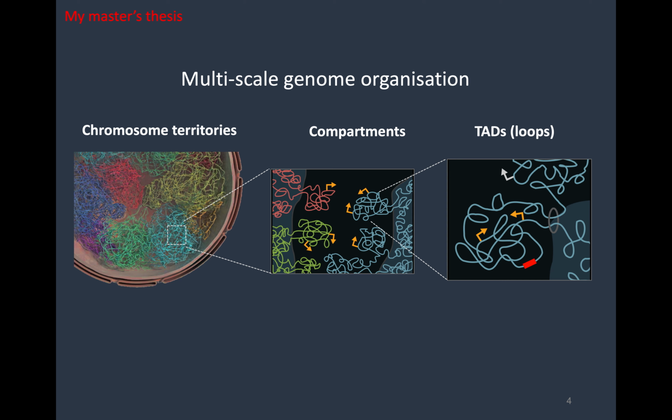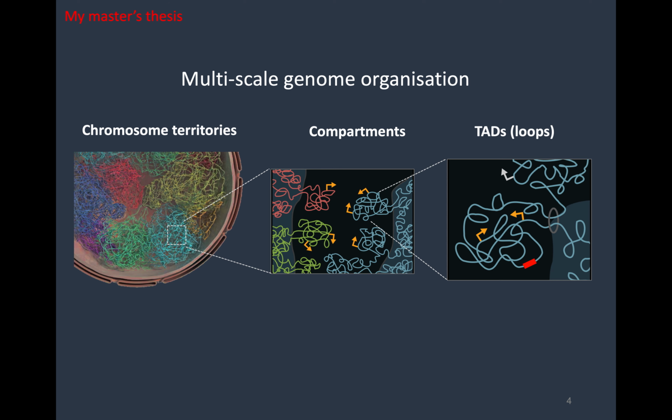Basically, it just means that two DNA sequences within a TAD will bump into each other more frequently, and so they will co-regulate. My work was focused on identifying the position of those TADs using polymer modeling and principal component analysis.